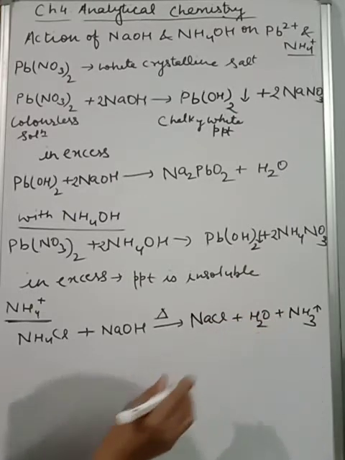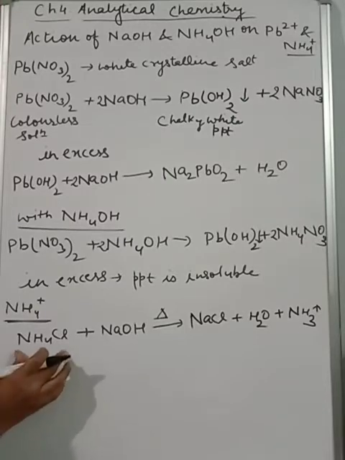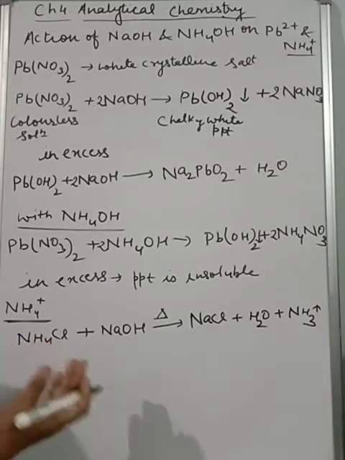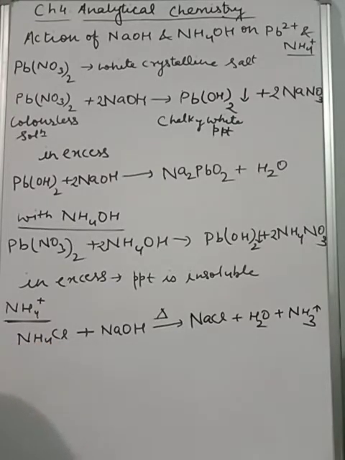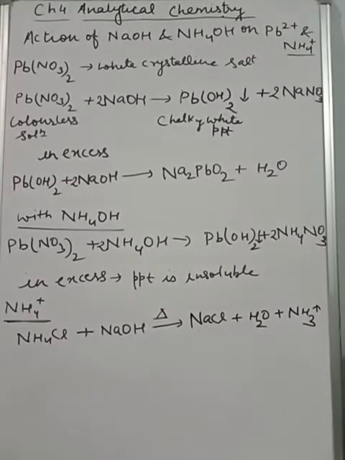That confirms the presence of a basic gas, and this gas is ammonia. Either ammonium chloride or even ammonium sulfate can be used. For ammonium ion, we are not going to do the test of action of ammonium hydroxide because both are similar. So I think now lead and ammonium ion is clear to you.